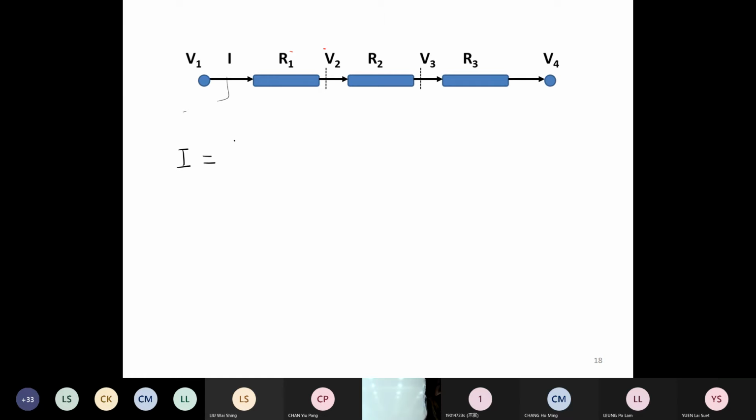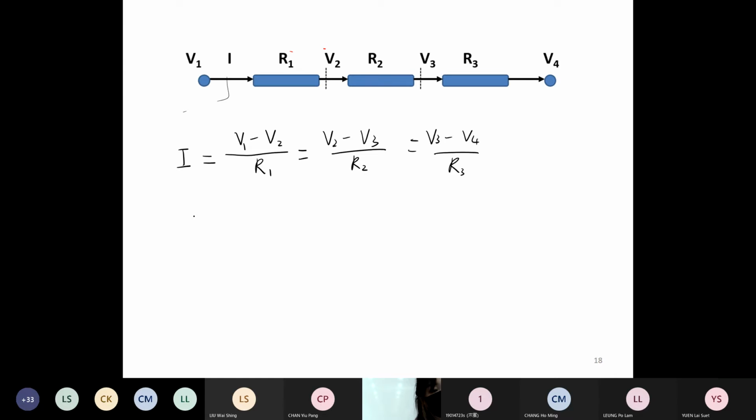That should be V1 minus V2 over R1 equals, right? Because the current is the same, drawing the whole circuit.